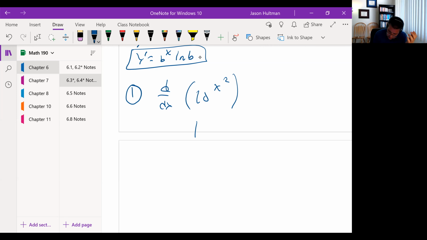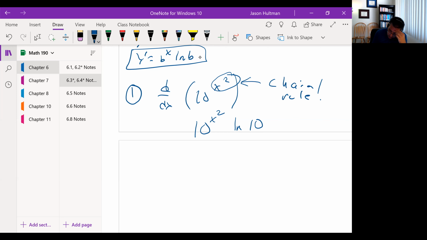And then I want to multiply by the natural log of b. What's b in this case? b is 10. Except we don't just have an x, we have an x squared. So we have to use the chain rule because the exponent is a function. This tells me chain rule.